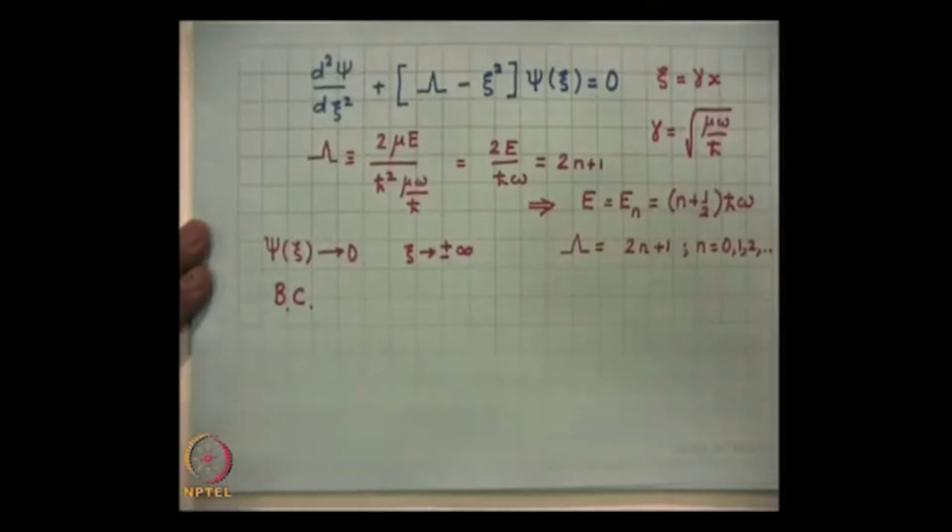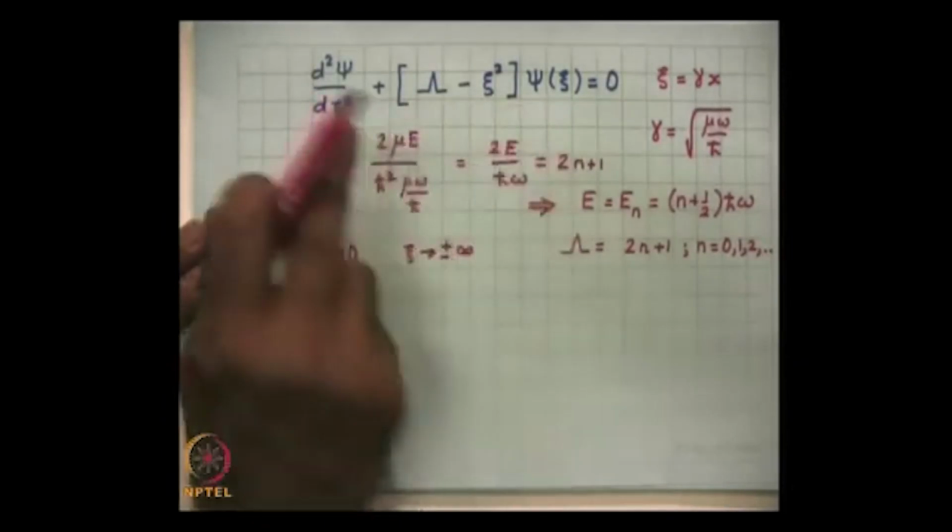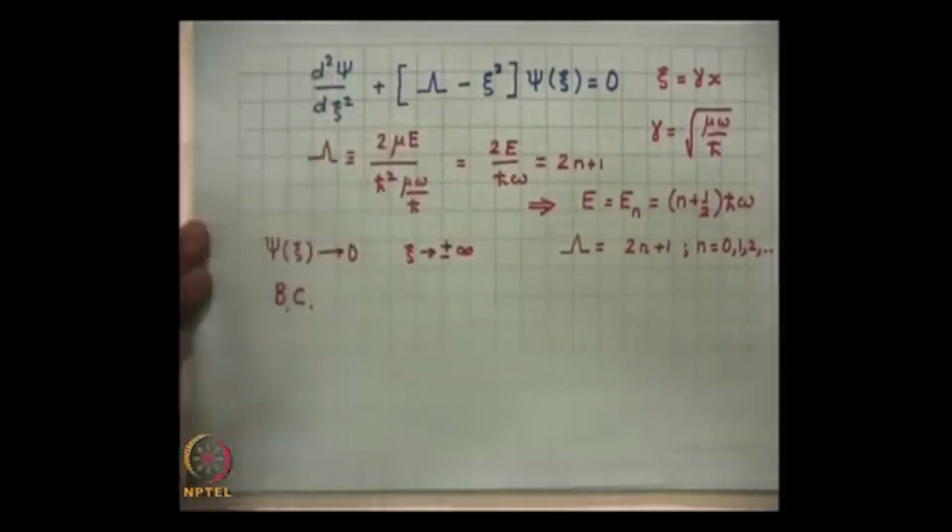I must repeat, I have not solved this equation yet, but I plan to do that later in one of the later lectures. Today, I will just give you the solution and try to make you understand the importance, the physical significance, the concept behind the solution.